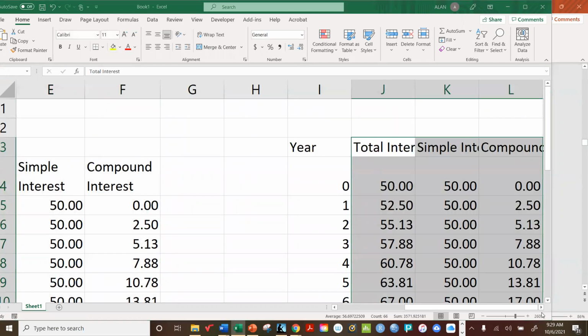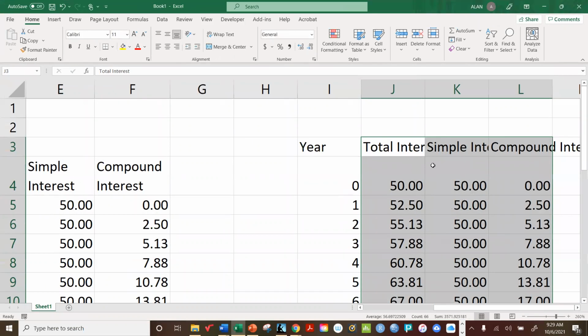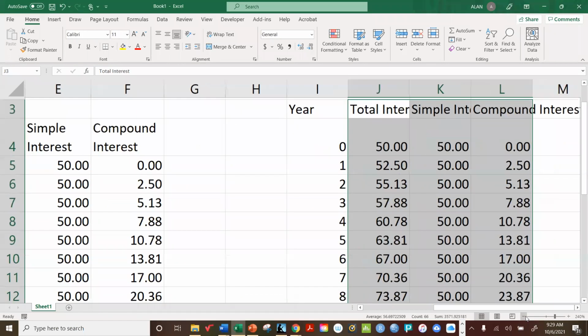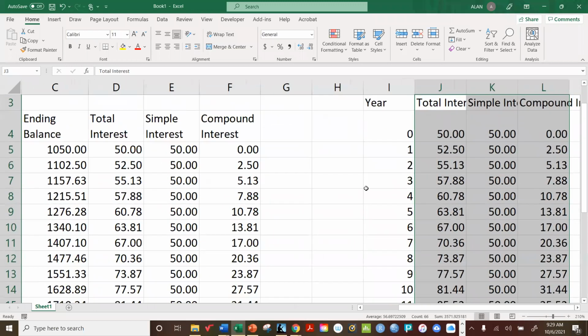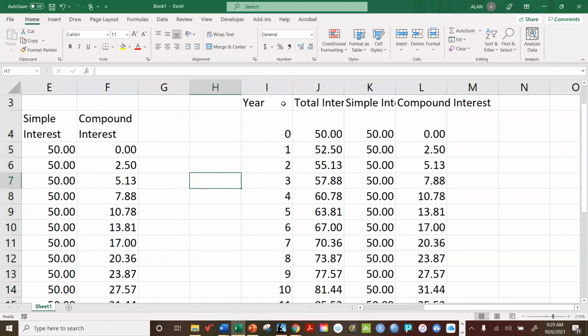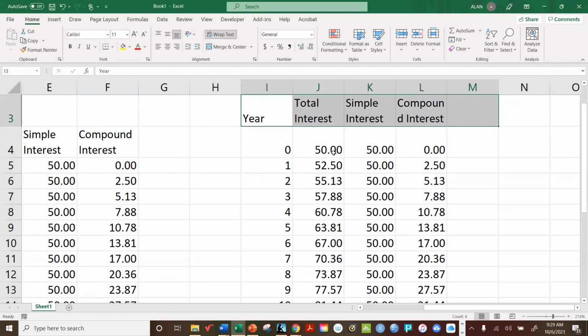All right, I have confidence in Excel. I'm going to try to find a nice graph that will illustrate this. All right, let's see what we can do.